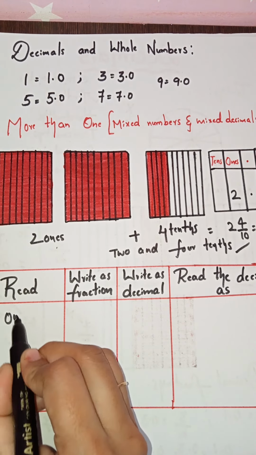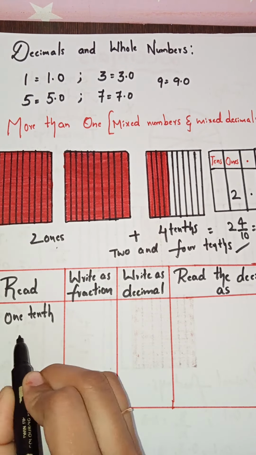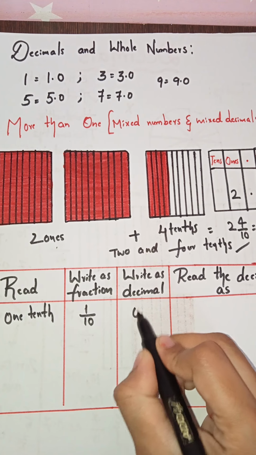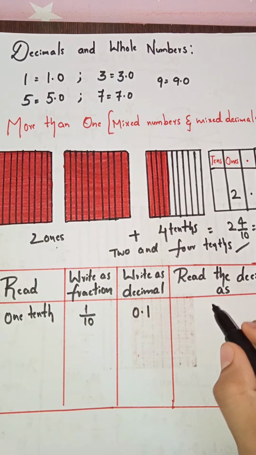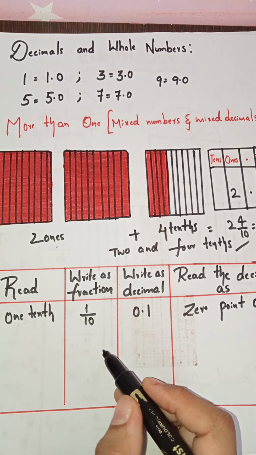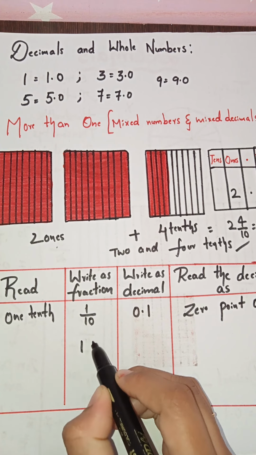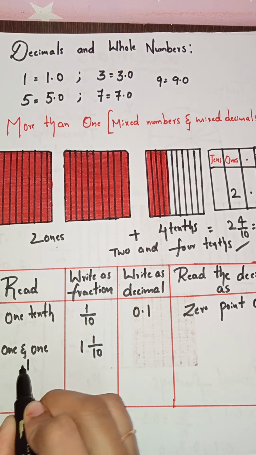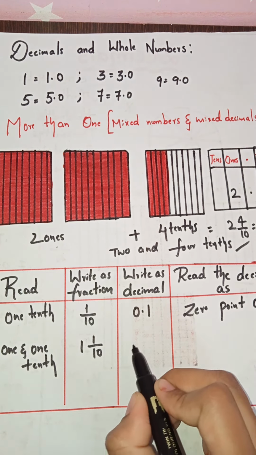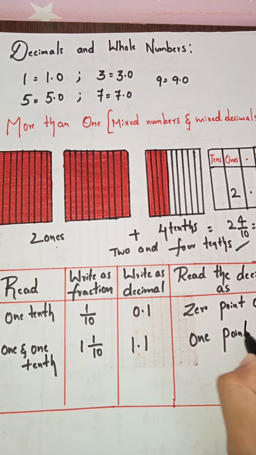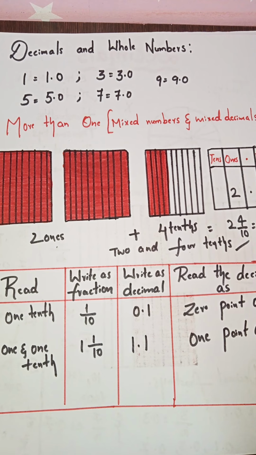For example, if I take one tenth, I read it as one tenth. It can be written as a fraction as 1/10, and as a decimal as 0.1, read as zero point one. Another example: 1 and 1/10 can be written as a decimal as 1.1, and read as one point one.